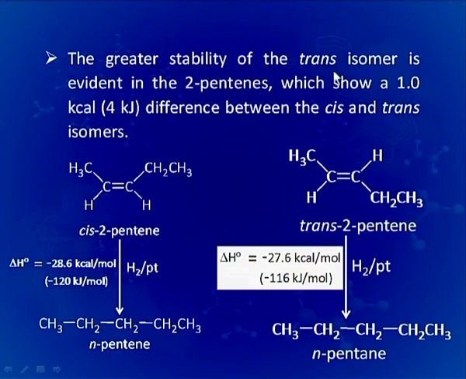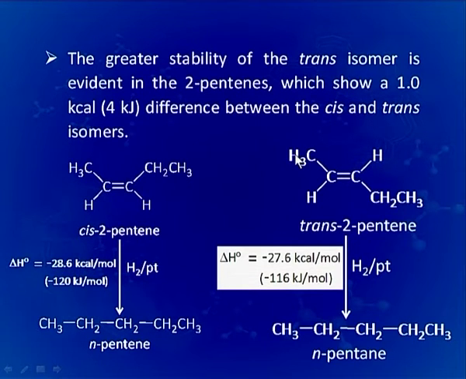The greater stability of the trans isomer is evident in the case of, for example, 2-pentenes, which show about a 1.0 kilocalorie per mole difference between cis and trans. In cis-2-pentene, the two alkyl groups are on the same side of the double bond, and its heat of hydrogenation leading to the formation of n-pentane comes out to be 28.6 kilocalories per mole.